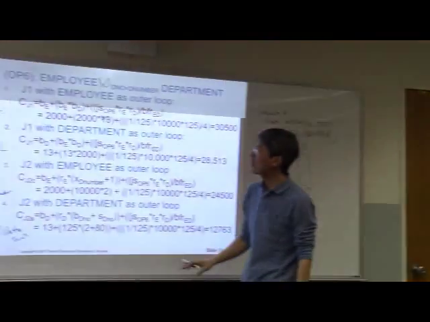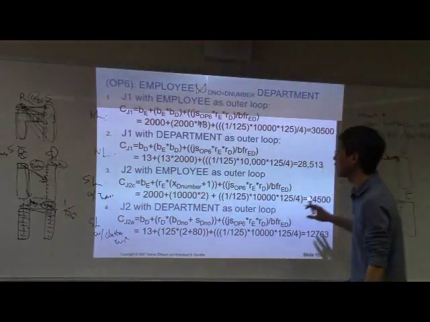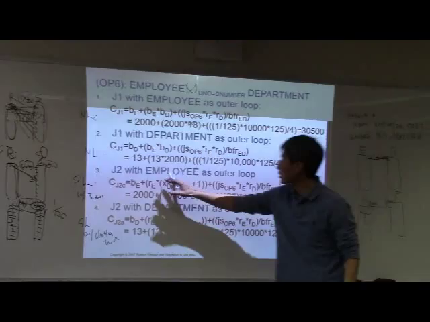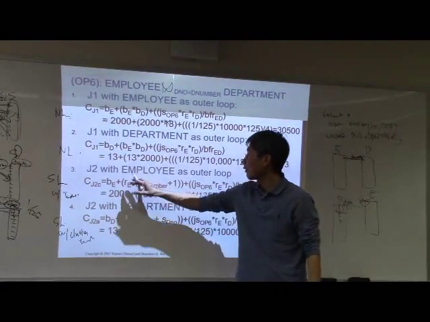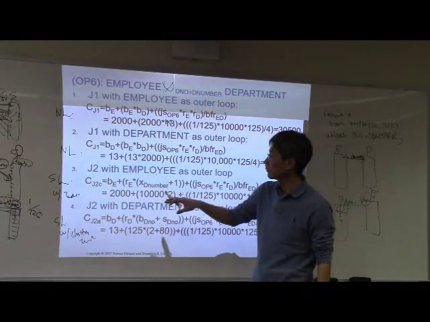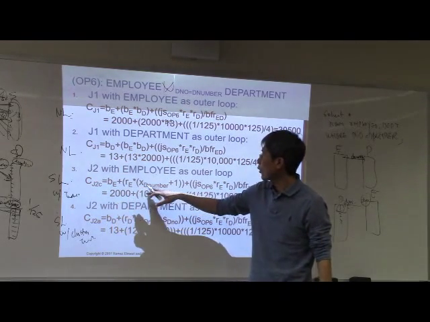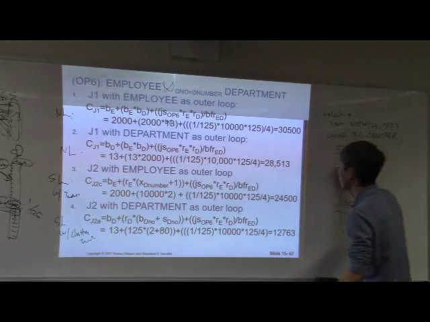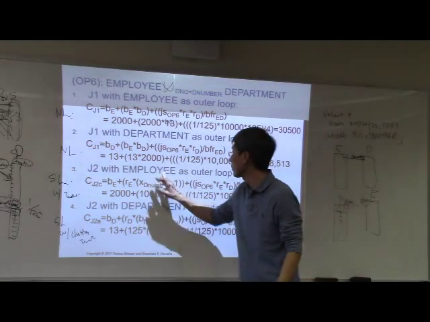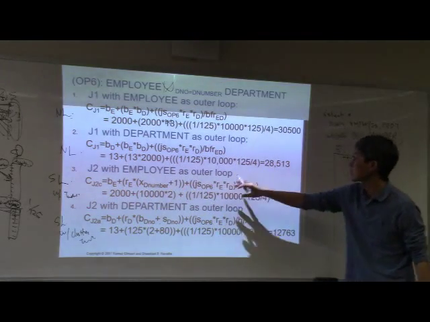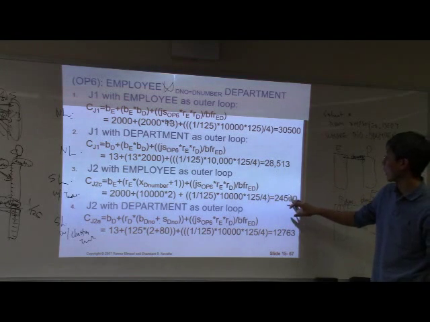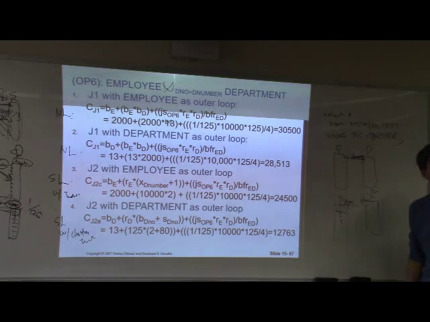Then the third option is a single loop join using the index. So this part will be different. So always level plus 1. For each record of the employee, level plus 1. Then this is the same part. So then calculate. It's 24,000.